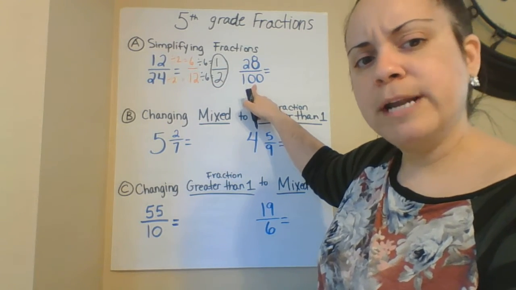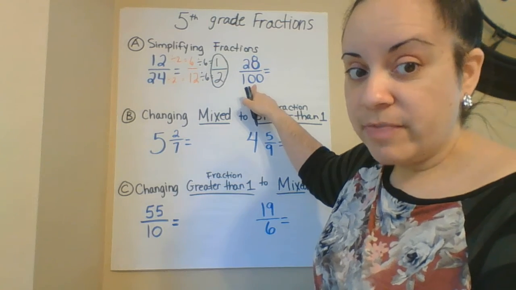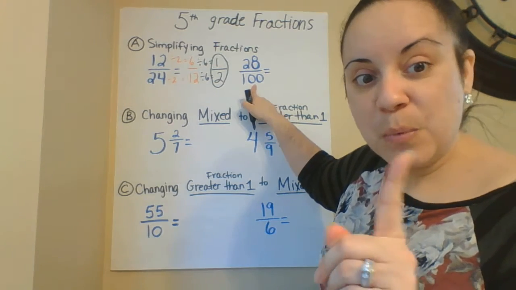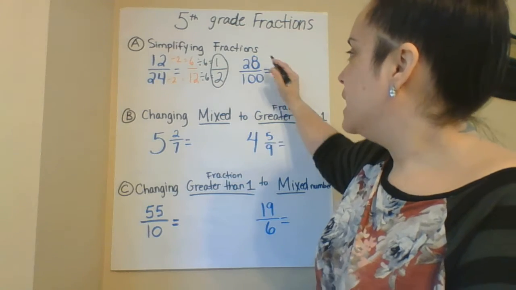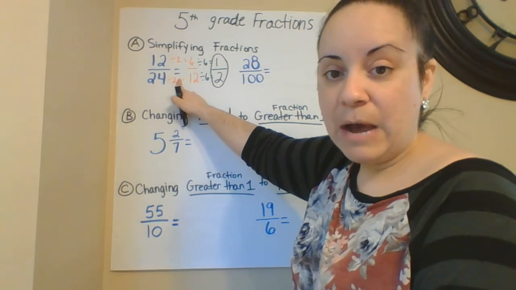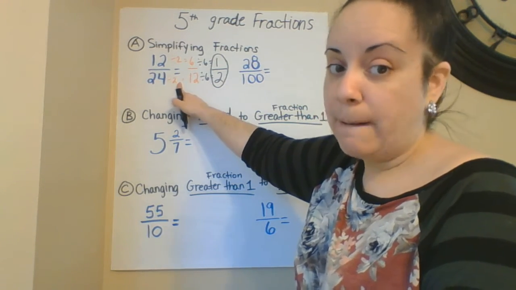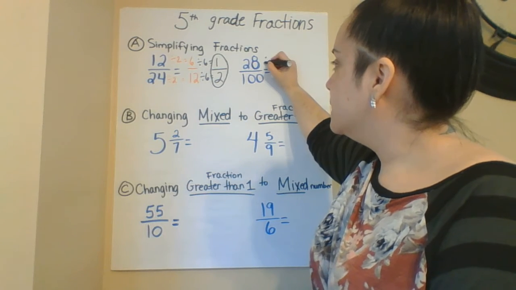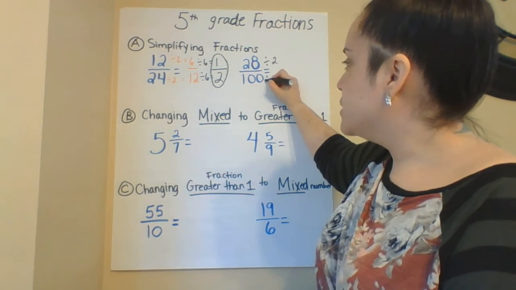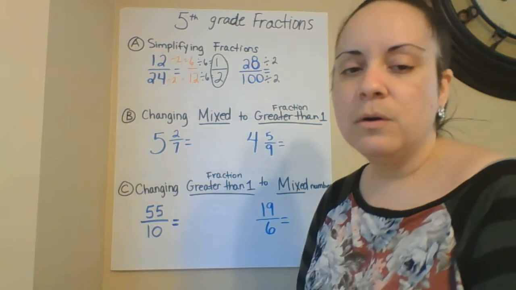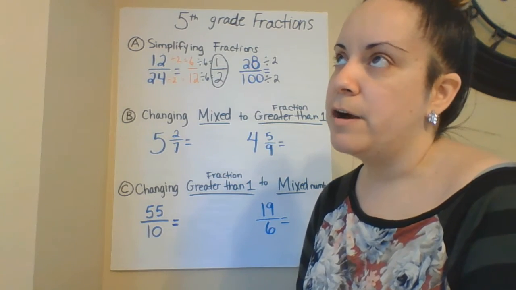All right, this one. 28 over 100. That's pretty big. That looks kind of scary. Don't worry, we got it. I'm going to try again, just like how I did over here, dividing by 2. 28 divided by 2, 100 divided by 2. Oh, 28 divided by 2 is really hard.